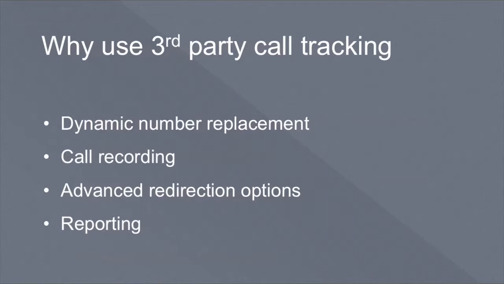If, on the other hand, you use dynamic number replacement, your call tracking platform will have some code on your web page that will identify the fact this is an AdWords visitor, hide your regular phone number from the user, and show them a tracking phone number instead.